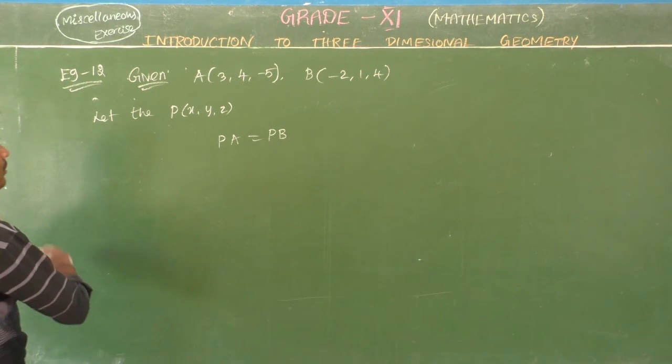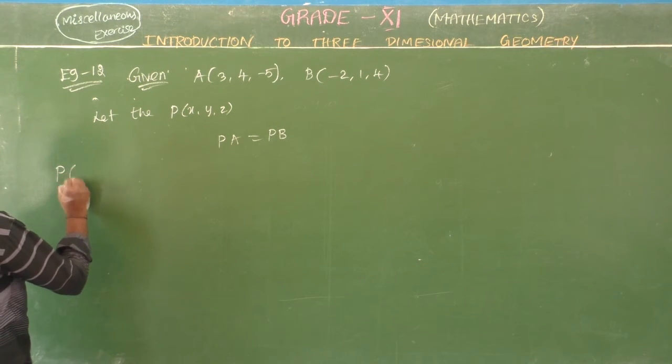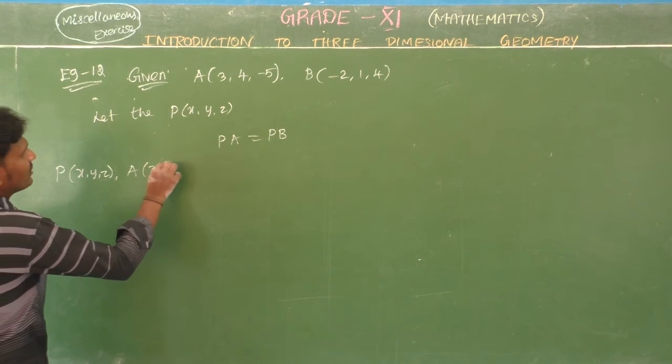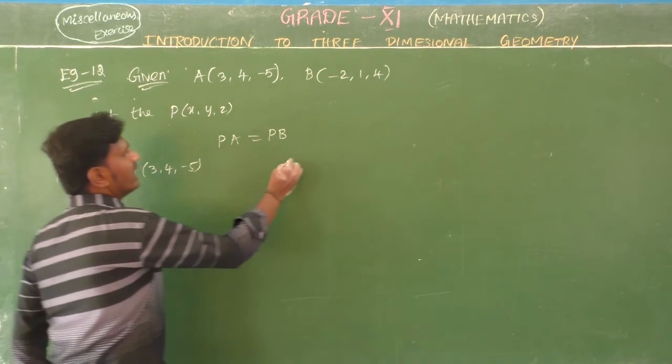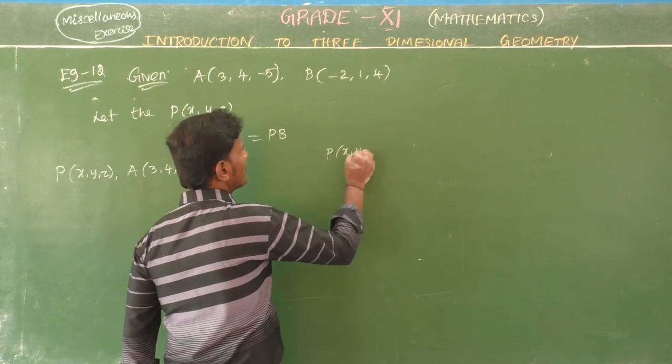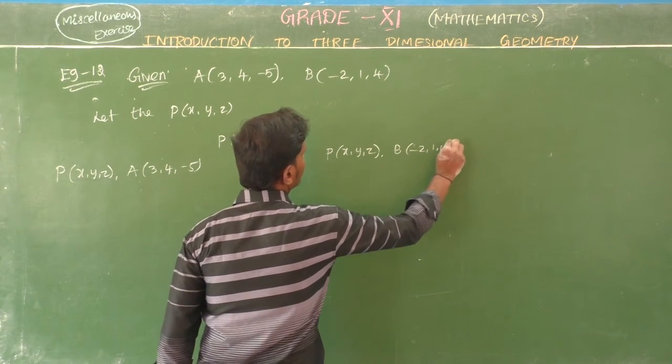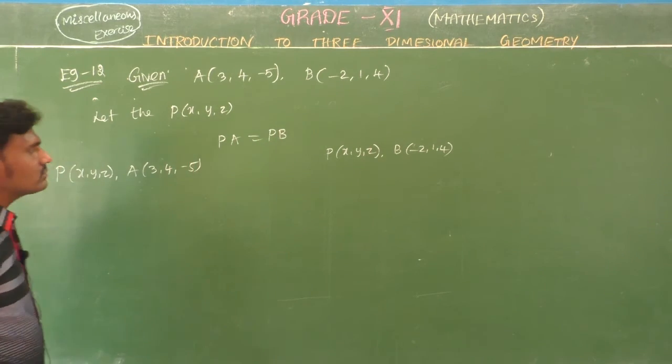Now you have the point P as x comma y comma z and A as 3 comma 4 comma minus 5, as well as the same P as x comma y comma z and B as minus 2 comma 1 comma 4.